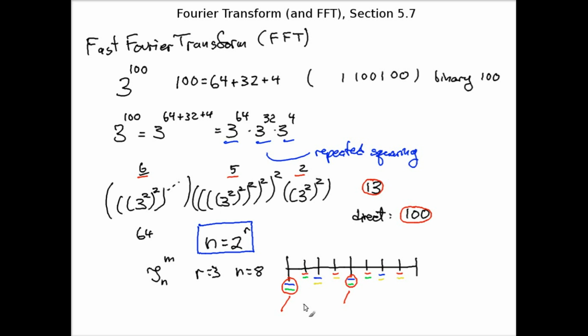And when you break up the calculation this way, you're taking advantage of this repeated squaring idea. And well, I said it was intricate, so let's take a quick look at that.